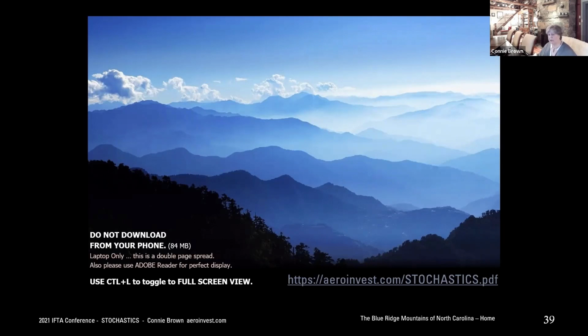And what this does is ensures that what you're seeing is the original ratio of what the original document was. So like in the magazine, all the colors will pop because they'll duplicate exactly what was on my screen. I want to keep the wow factor. So use Control L to toggle. It'll drop it back down. And if you have a gray background, you're not in the correct aspect ratio for the image.